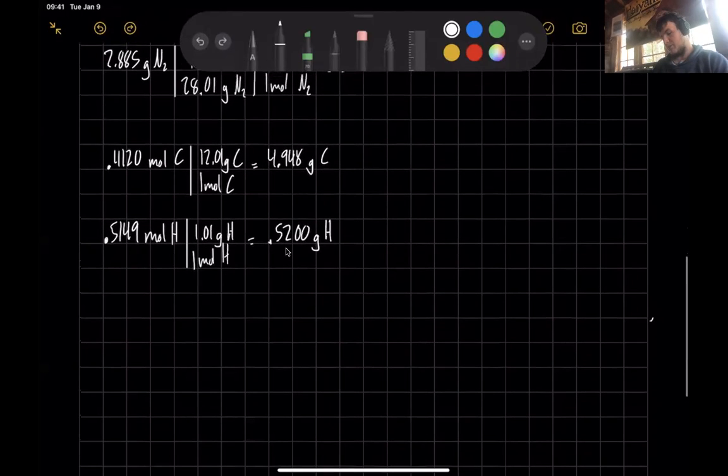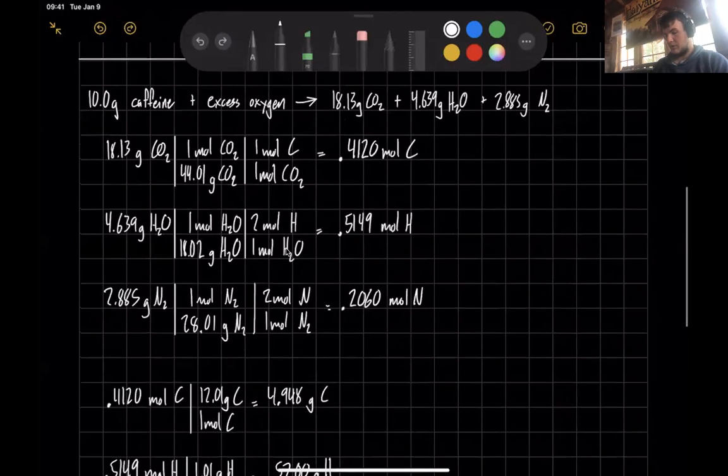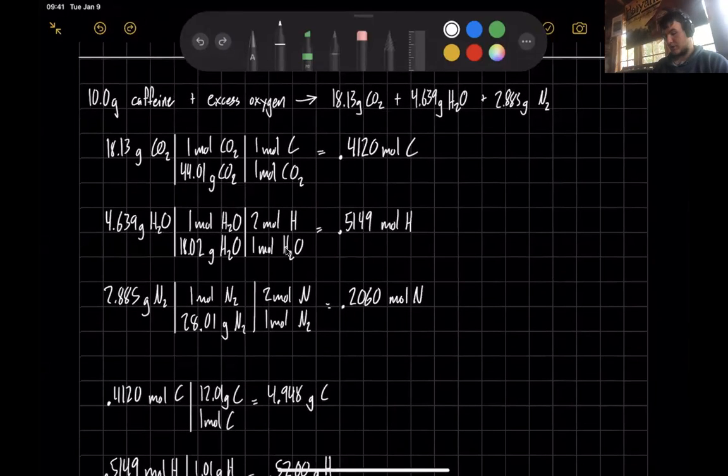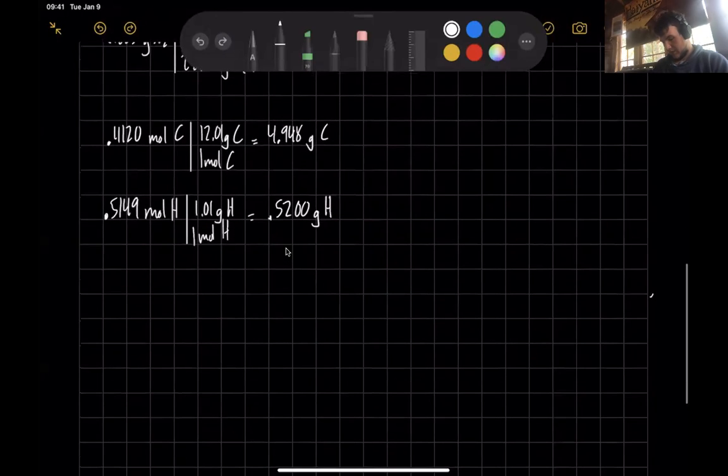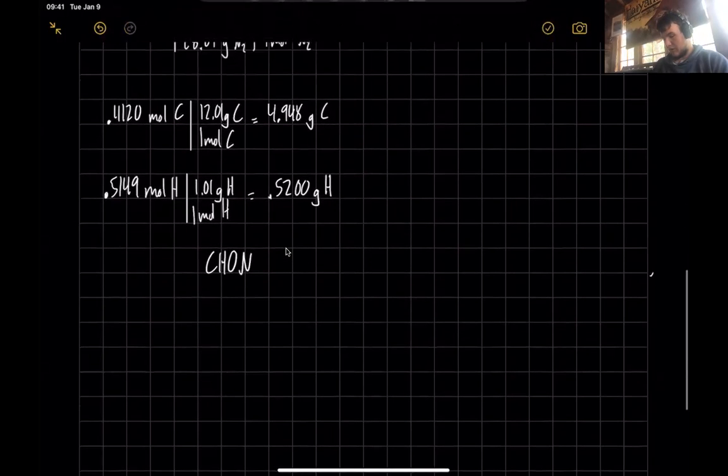Now we know that there are only 4 elements in the reaction: carbon, hydrogen, oxygen, and nitrogen, right? And we know the mass of the carbon, the hydrogen, and the nitrogen.